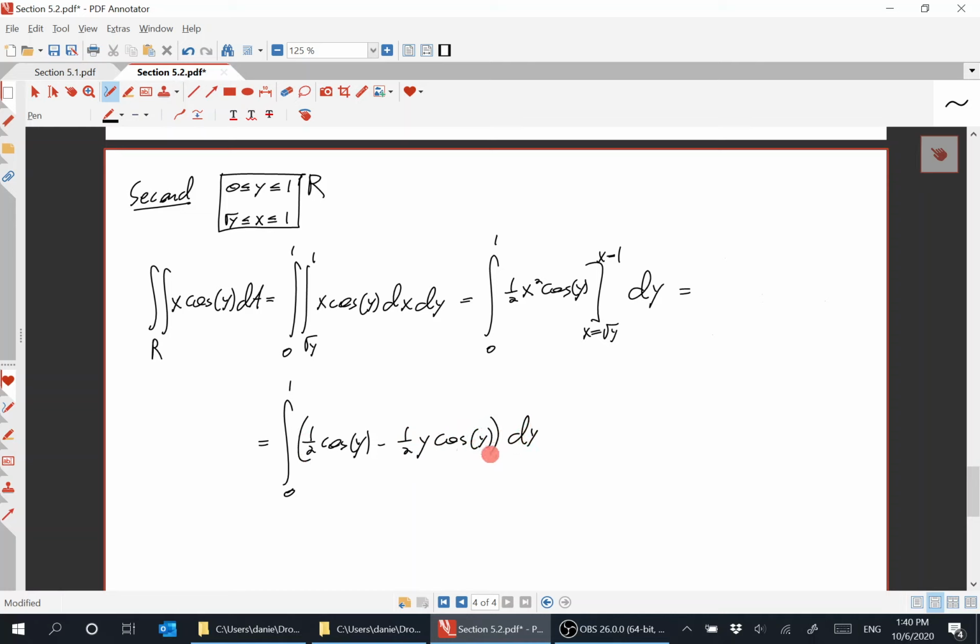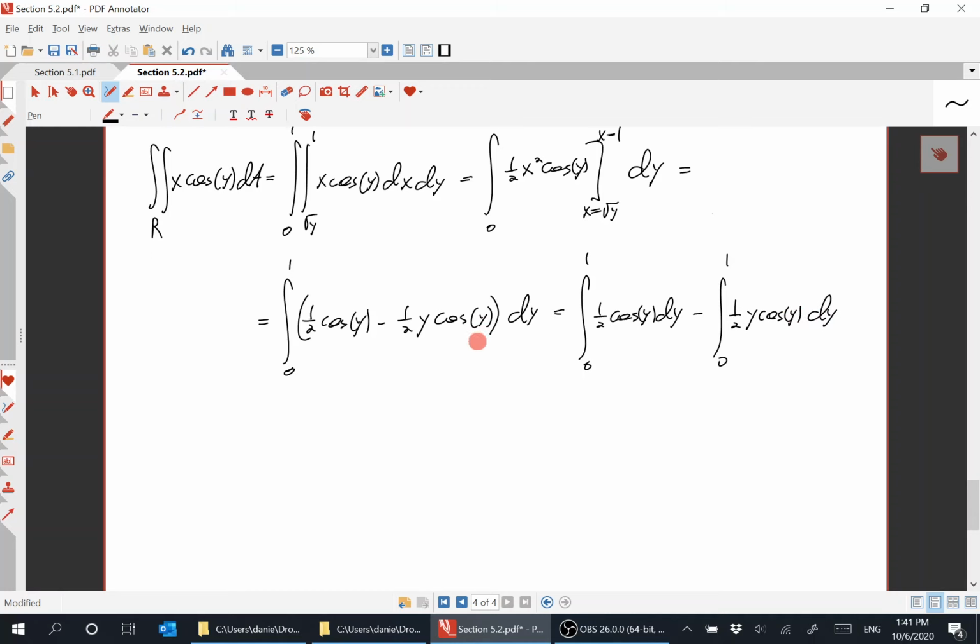So now all the x's are gone and everything is in terms of y. So let's split this integral into two integrals. Integral from 0 to 1, 1/2 cosine y dy, minus the integral from 0 to 1, 1/2 y cosine y dy.